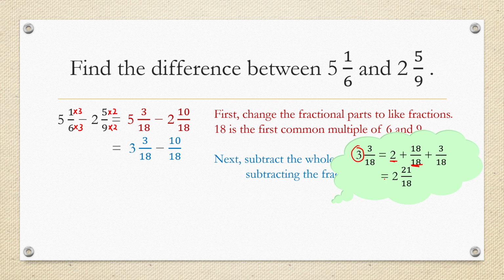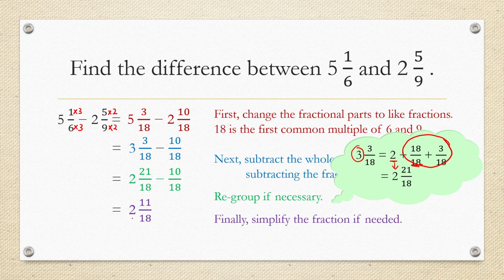So what we are doing is adding this part up. So 2 wholes and 21/18. We are going to use this 2 wholes and 21/18 to subtract 10/18, and that would give us 2 and 11/18. Okay, and since this is a proper fraction, we do not need to simplify further.